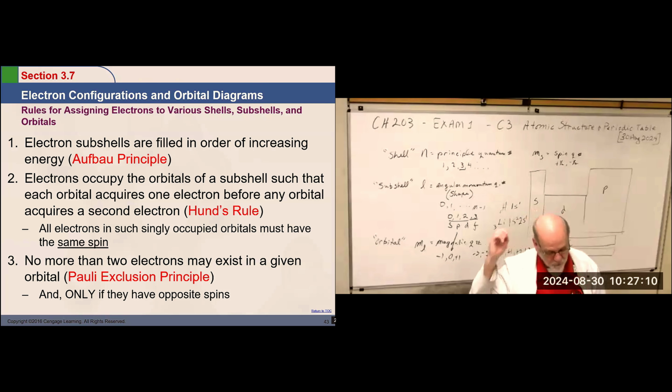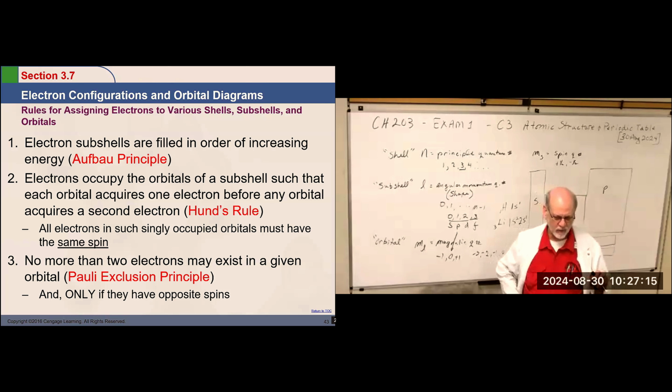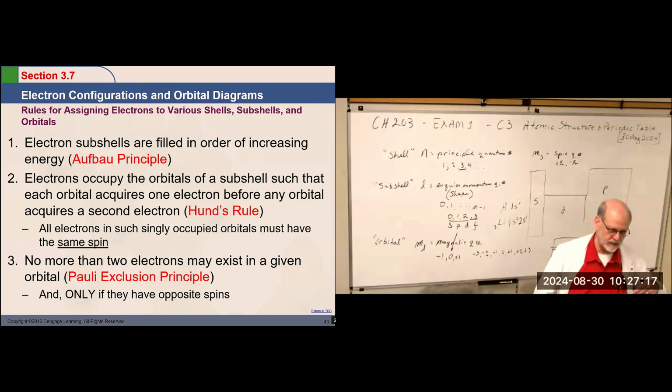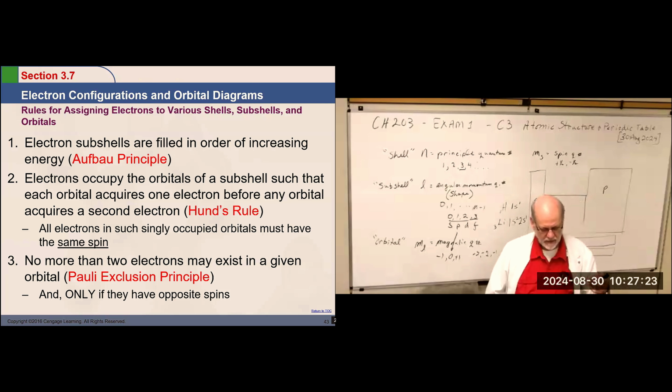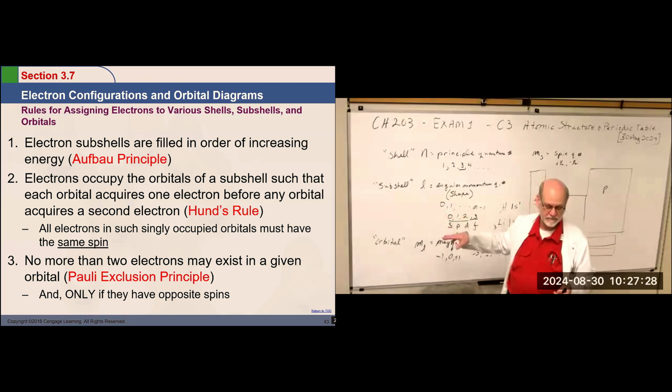All right, now for the rules. The Aufbau rule says that as we build the next element, as we add a proton, add an electron, these subshells are filled in increasing energy.